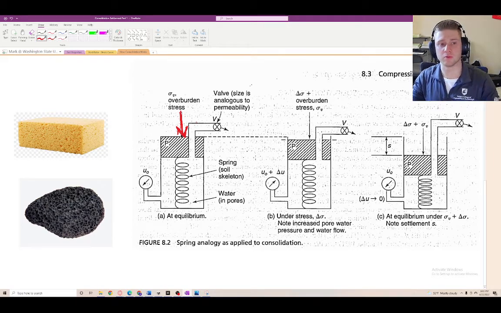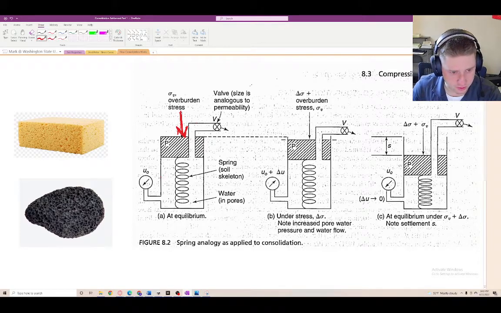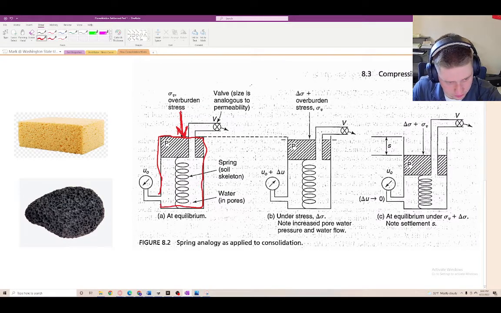For now, it's just going to be overburden stress. It's just the weight of the soil. Okay, and this here is the soil. Like I said, I'm still getting used to the stylus, so it's not very professional, but you get the idea. This container is just a soil sample.